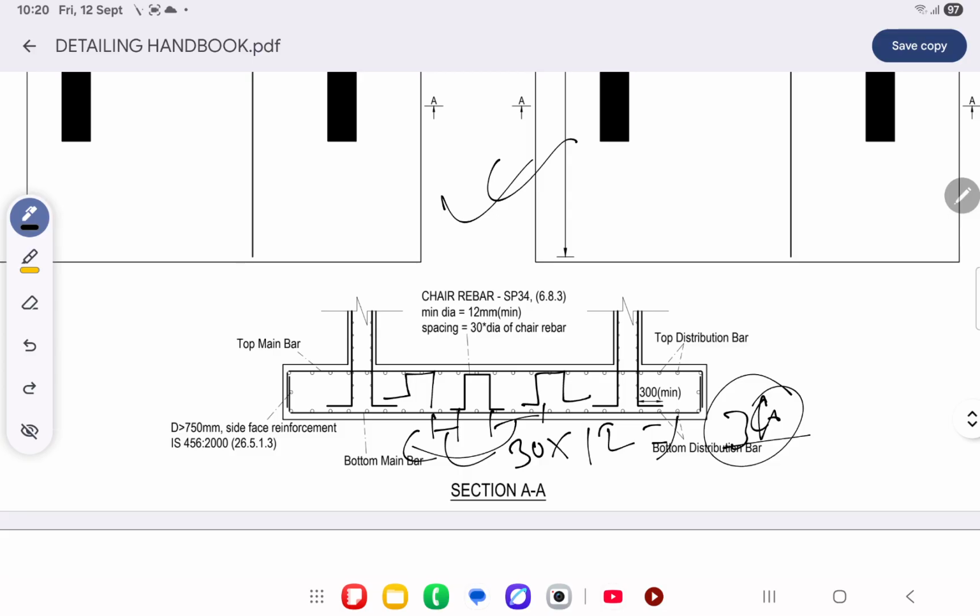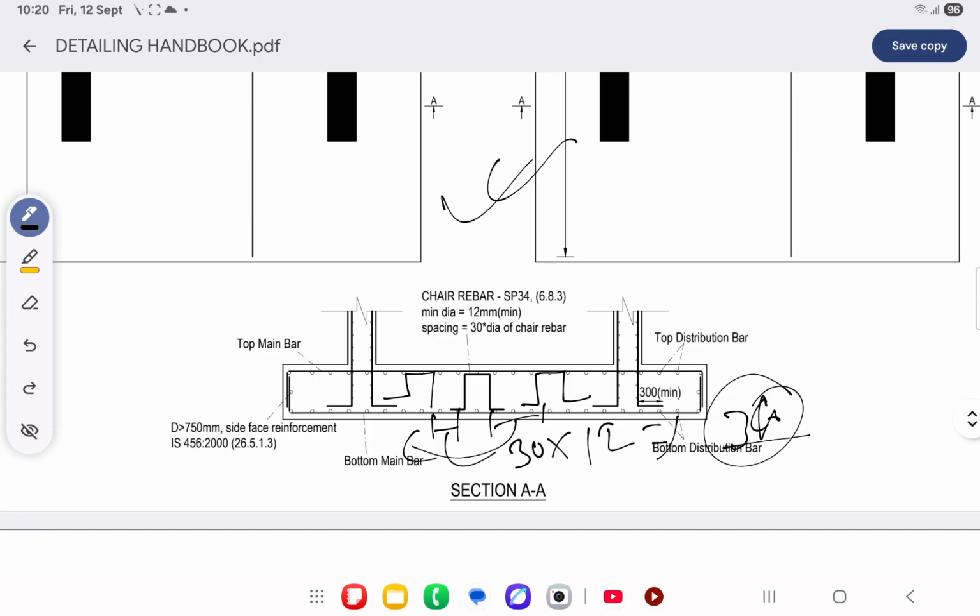Always remember that the distance between two chairs is 30 into the diameter of the chair rebar. This type of question is generally asked in interviews: what is a chair, and what spacing do we provide between two chairs? So you have to remember the formula, 30 into the diameter of the chair rebar.